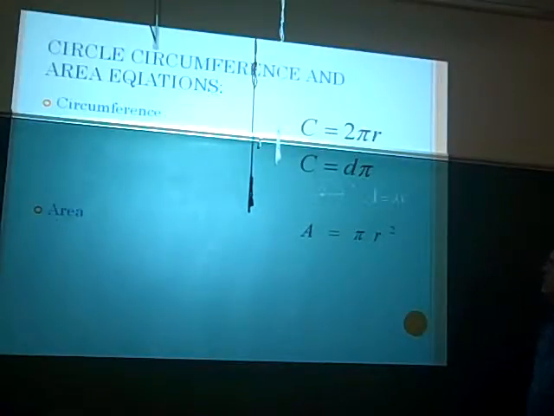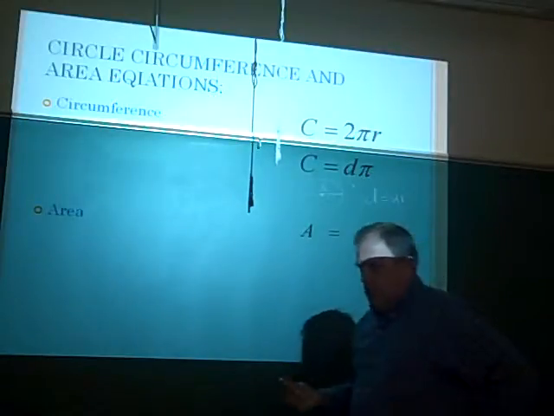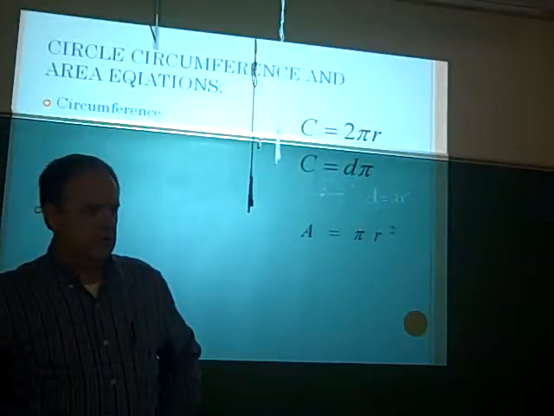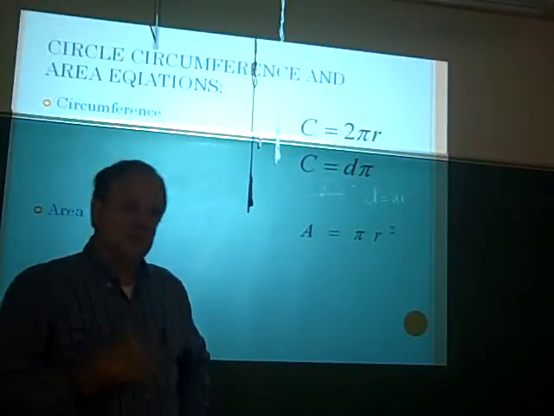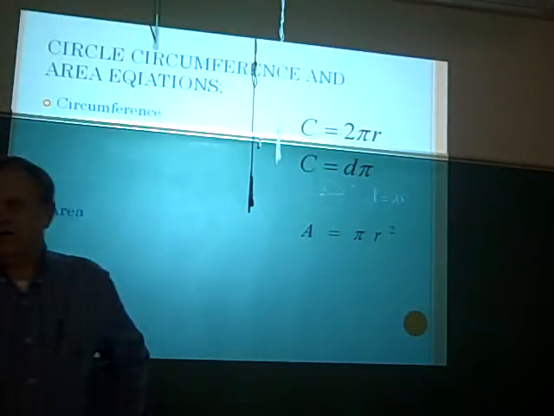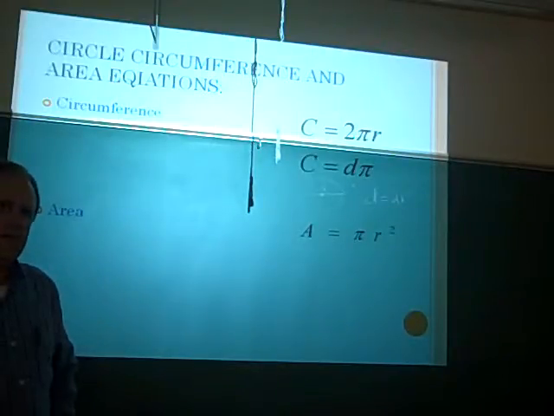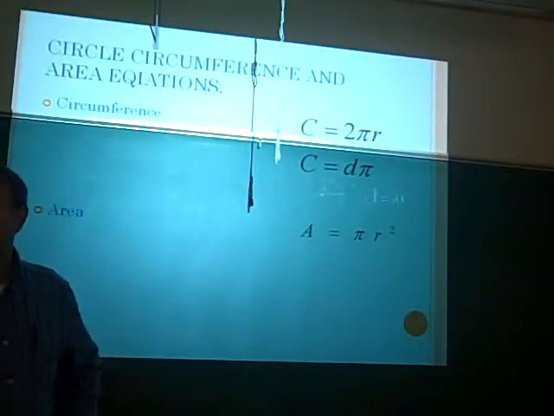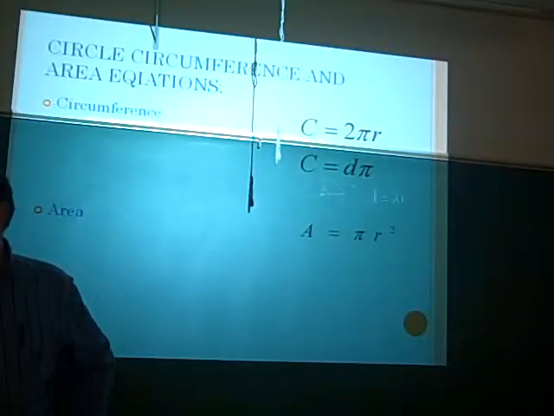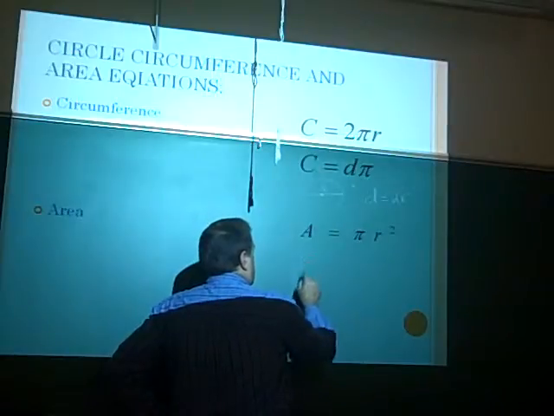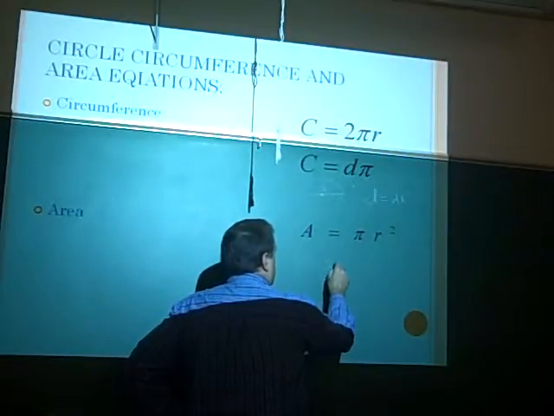So, pi. Now, I prefer that you use 3.14 on your calculator, I prefer that you use your calculator. But some calculators are the finance type calculators, and they have everything that you need except for the pi button. So what you can do is use 3.14159.